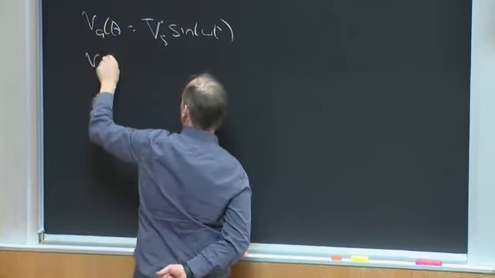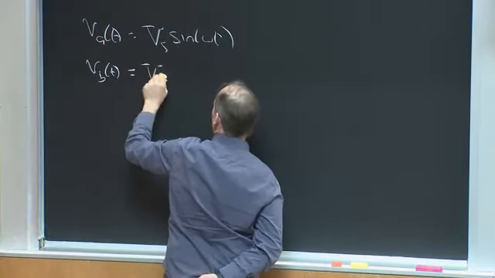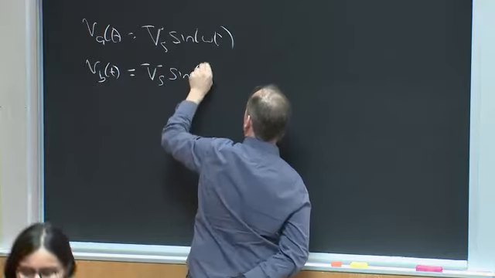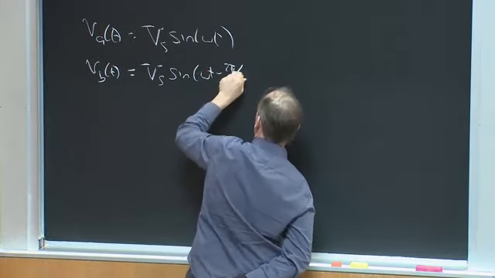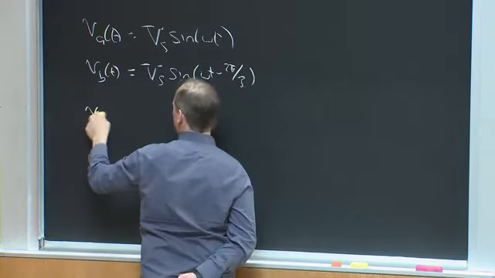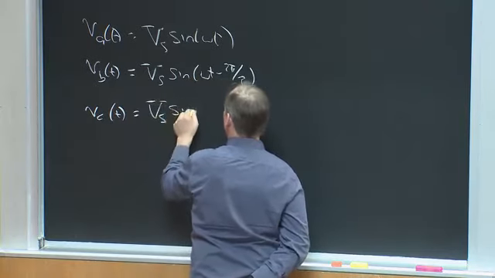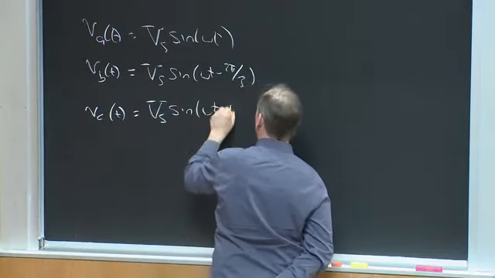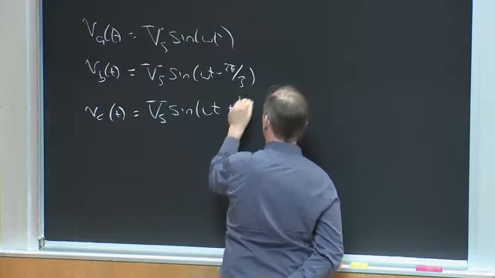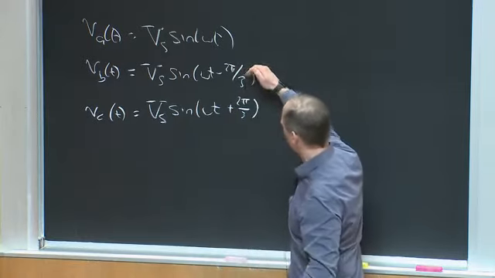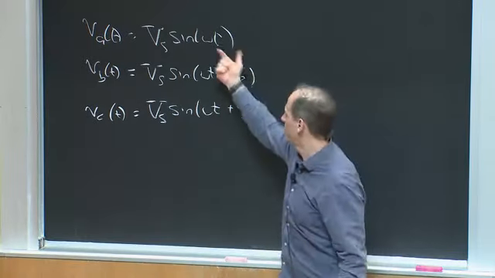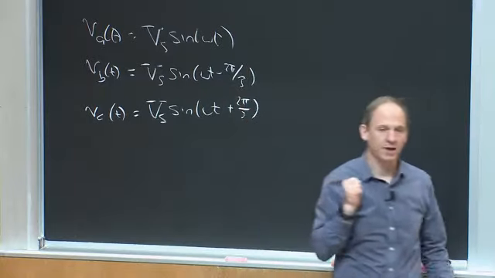VB of t is equal to Vs sine of omega t minus 2 pi over 3. And VC of t is equal to Vs sine of omega t plus 2 pi over 3. Okay, so we're going to have 3 sinusoids in time shifted by 120 degrees, or 2 pi over 3, from each other.